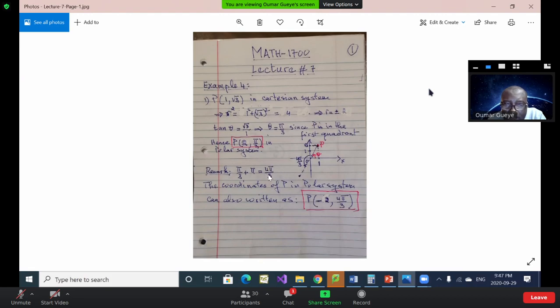If I take 4 pi over 3, my point is going to be in the third quadrant, and it should be in the first. That's why in this case, I don't have to take a positive r. I have to take a negative r in order to send it to the other quadrant, because I told you the negative sign means the symmetry. So that's why I take the negative value of r in order to send this point right here.